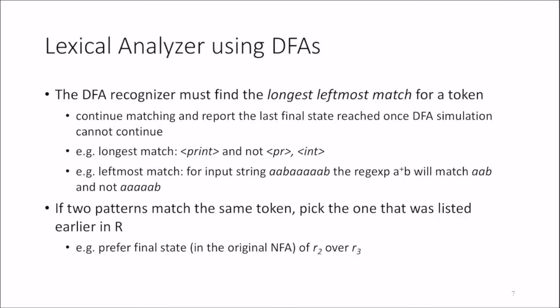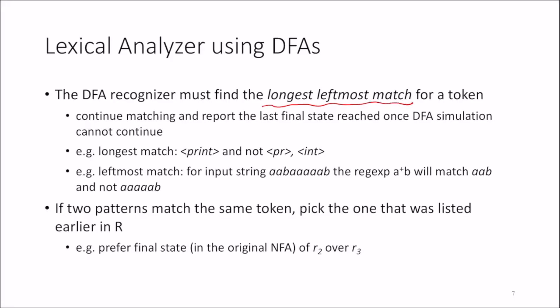So when you're writing a lexical analyzer using a finite state automata, you could convert the NFA into a DFA, and the DFA then must find the longest leftmost match for a token.